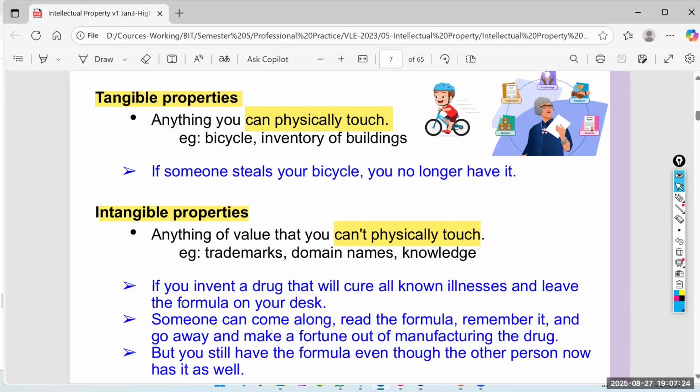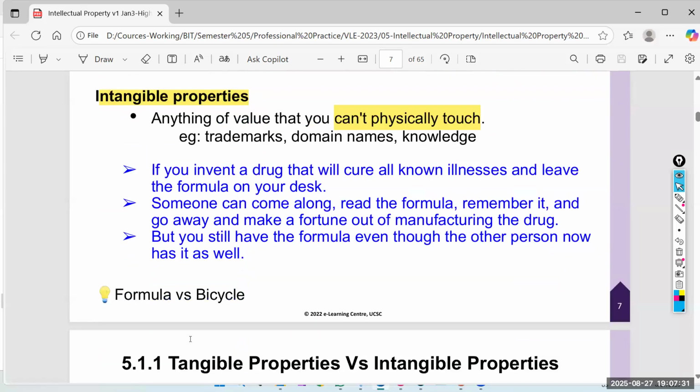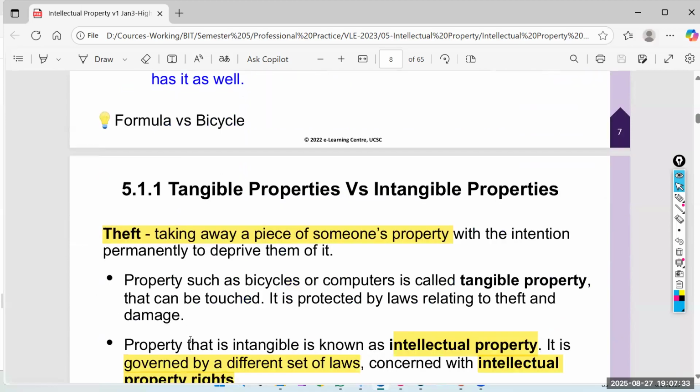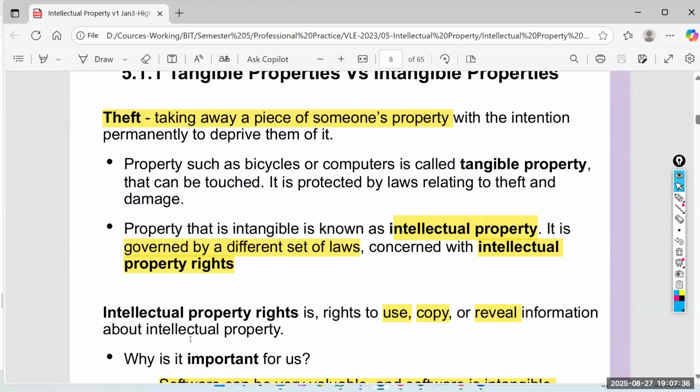And also the traditional laws are not good enough to cover intangible properties. So that is where we have intellectual property laws. Because this is when the theft is not physically removing the item from X and now it is with Y. No, it is still with X, but at the same time, now it is with Y. Idea, the copy of the code, copy of the software, something like that.